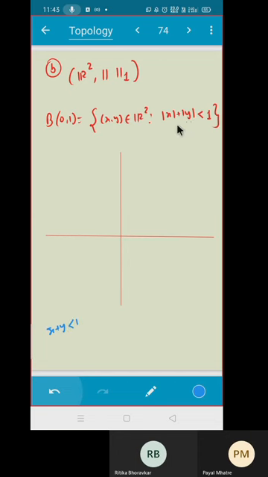If x is negative and y is positive, then mod x is same as minus x. So minus x plus y is less than 1. Then if x is positive, y is negative, so I'll be having x minus y less than 1. But if both are negative, so I'll be having minus x minus y less than 1. Do you agree? These are the 4 lines I'll be having.